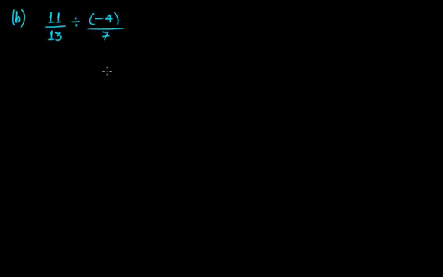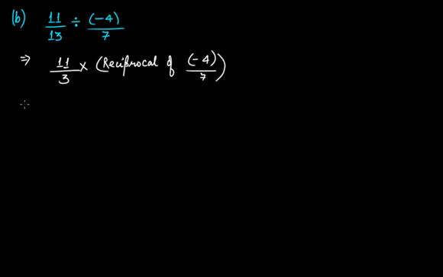In this case, again, it should be 11 over 3 times, that is multiplication, the reciprocal of minus 4 over 7. So reciprocal of minus 4 over 7 means that this minus 4 will become the denominator and this denominator becomes the numerator, that is, 7 comes at the place of minus 4.